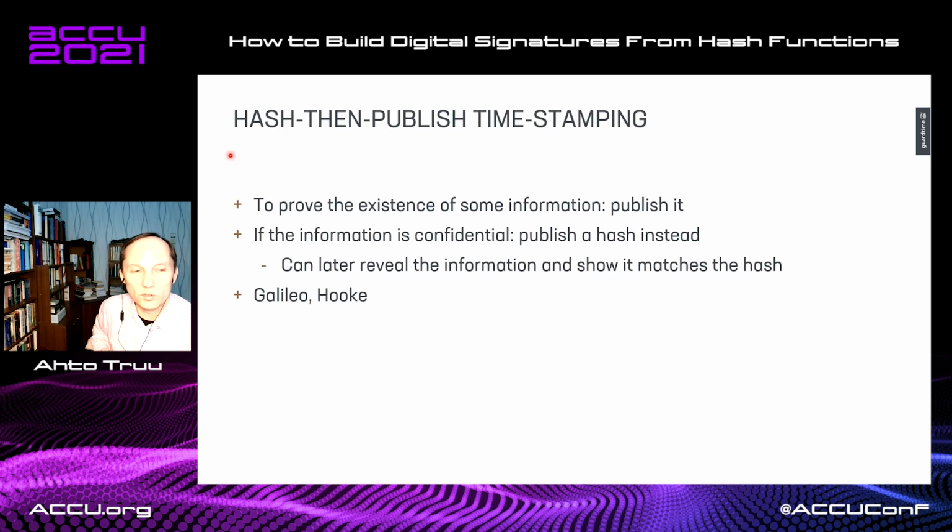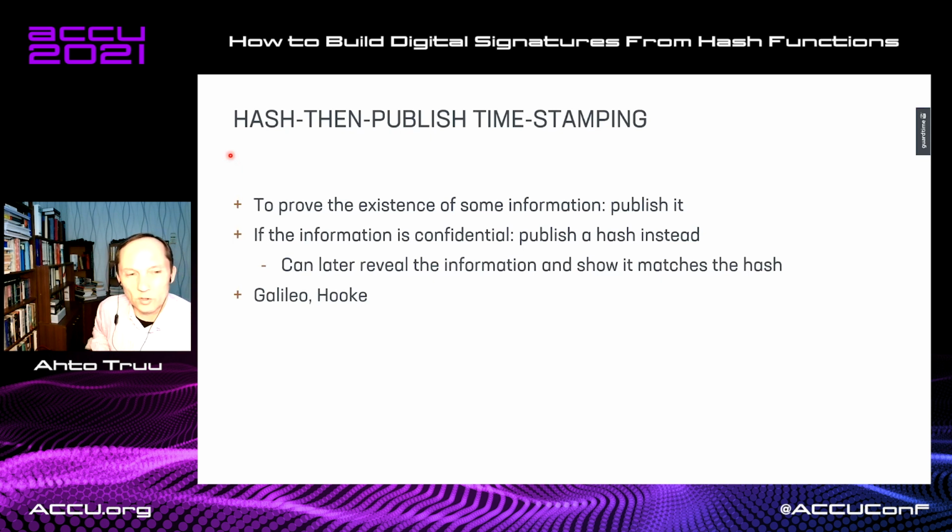This kind of thing was used already by Galileo and Hooke back in the 17th century. They did not have the hash functions of today, of course, and they did not even have the term, because the term hash function was deployed in cryptography in the 80s and in database systems in the 50s or 60s, but all of it happened in the 20th century.